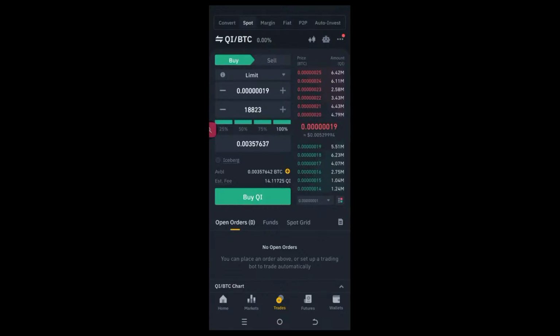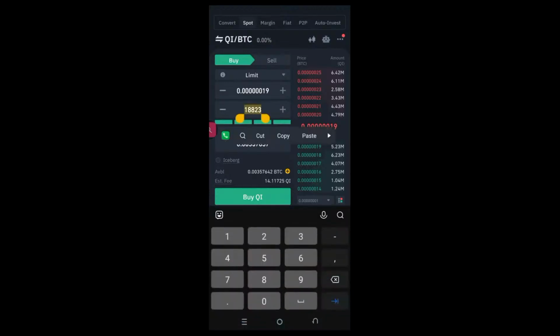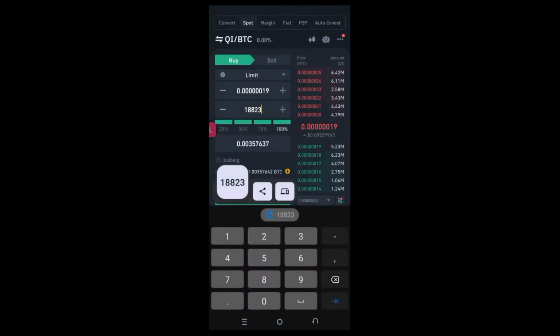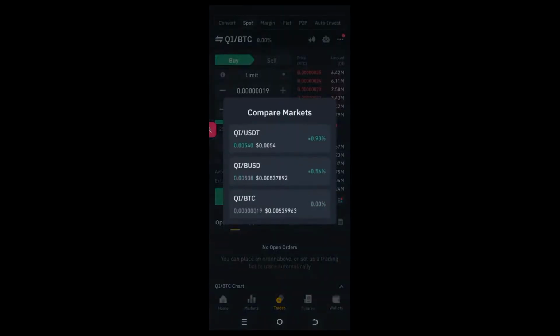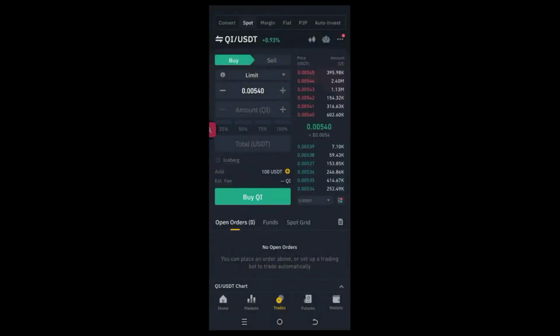So what we have is 357637. This is the amount we're going to get. Let's copy that, then go to compare markets and click on the USDT. If I try to sell, what would I get? Let's see what profit I make. Okay, same amount, 1.6%. That's $1.64.